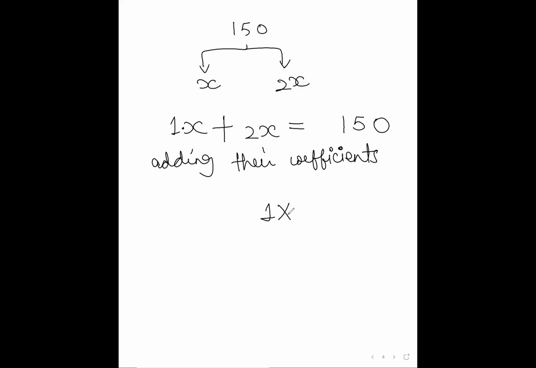Because 1 multiplied by x will give you x. Okay, the coefficient 1 is understood now. You don't write 1 every single time because it is understood that it will be 1. Just like when you write the number 24, you don't write it as 024, even though you know there's going to be a 0 over here, because there's no need to write it.